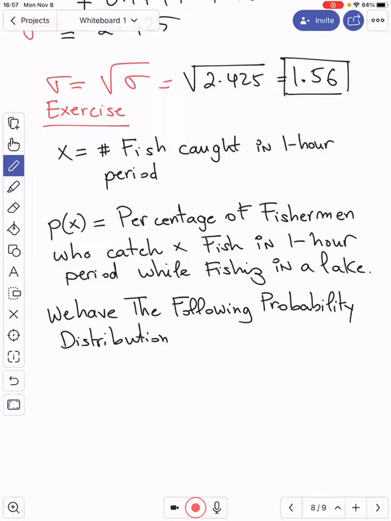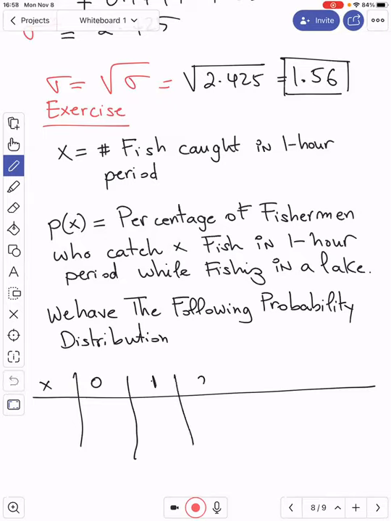So here, first row, of course, will be the values of x. That's the number of fish caught in a 1 hour period. So x can be 0, 0 fish caught in a 1 hour period, or 1. We also have 2, 3, and then 4.